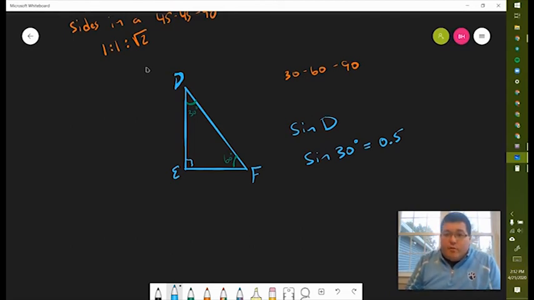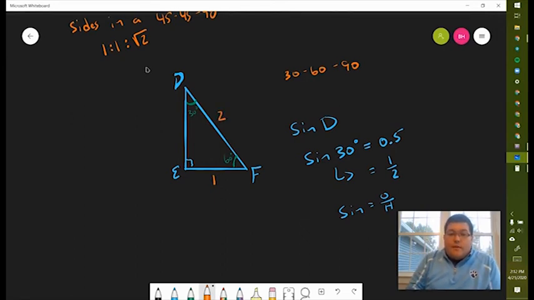Well, that is, of course, 1/2. And so if the sine of 30 is 1/2, and we know that the sine is the opposite over the hypotenuse, what do we know is true about the ratio of this side here to this side here? Well, of course, it's in a 1:2 ratio.